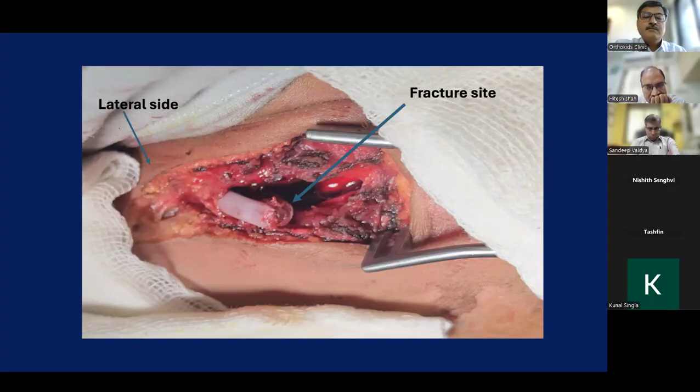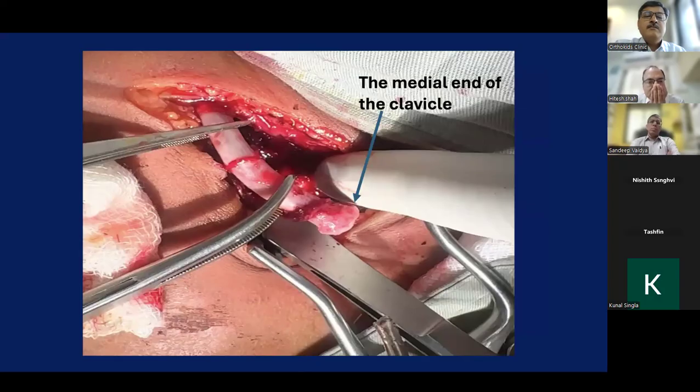So then we unfolded the fracture site, and then kept the medial end of the clavicle, and took a suture with an absorbable suture tied with a periosteal sleeve. Then we reduced the clavicle, and the anterior periosteum was also fixed.